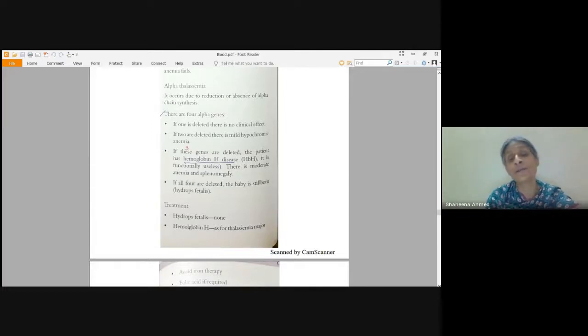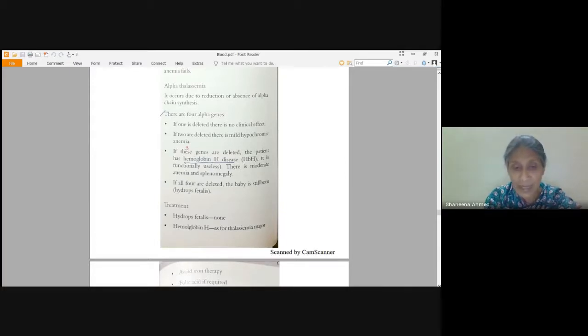And if all four genes are deleted, the baby will be stillborn, and you will find a lot of edema in this baby. This condition is known as hydrops fetalis. Treatment, where hydrops fetalis is concerned, obviously it's a dead baby, there is no treatment.